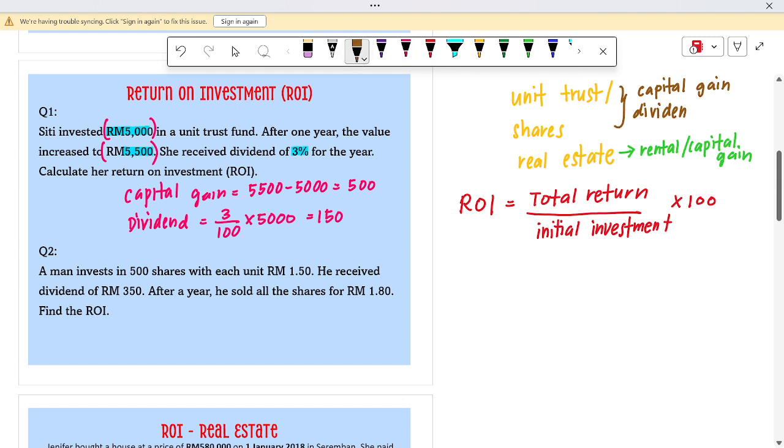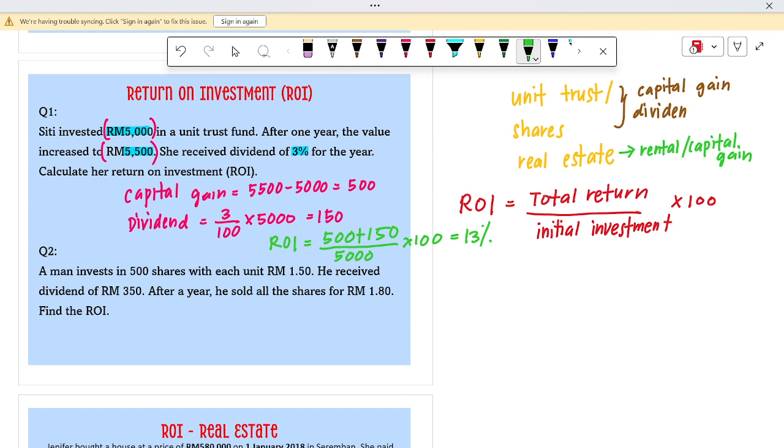So ROI for the first question will be, total return will be 500 plus 150 over your initial investment, which is 5,000 ringgit, times 100. So 650 divided by 5,000 times 100, which will give you the return 13%. Okay, so this is Siti's return after 1 year investing into unit trust fund.